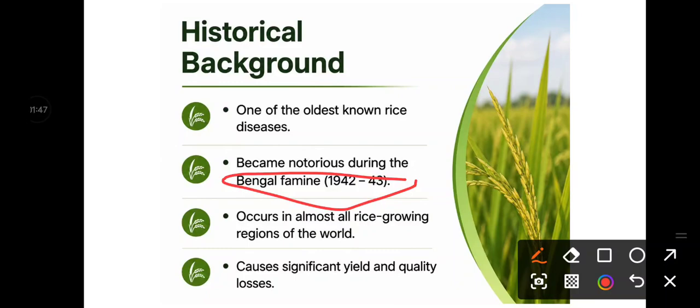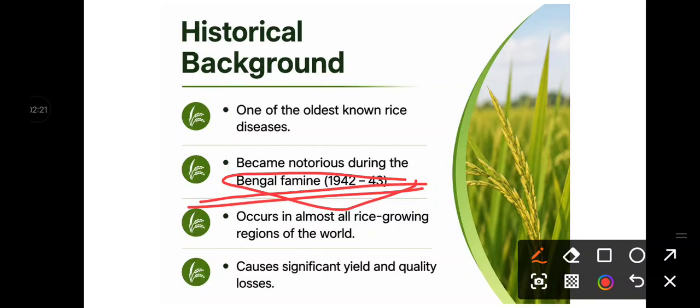What happened was that the rice varieties grown in the Bengal region were susceptible to brown spot, and the region was also affected by drought. Drought predisposes rice to brown spot, leading to heavy yield loss, ultimately causing the Bengal famine and the death of that many people.